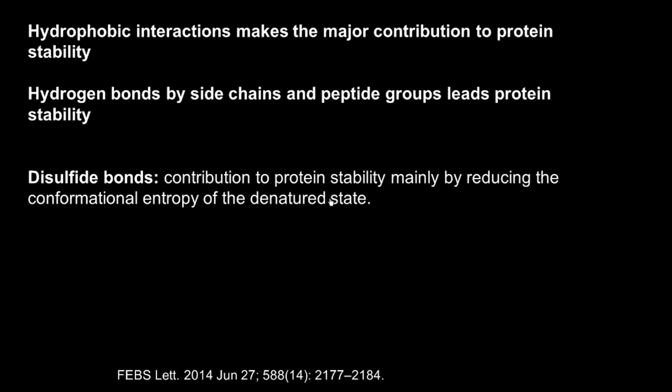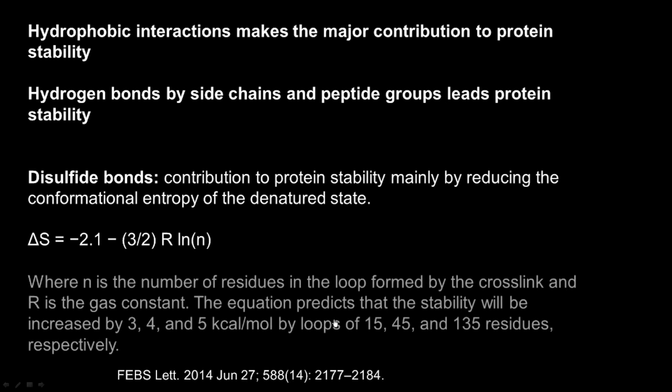So that's the disulfide bond. If you look at the delta S, it is minus 2.1 minus 3/2 R ln n. This relates to the number of conformations that are possible. n is the number of residues in the loop formed by the cross-link, and R is the gas constant.